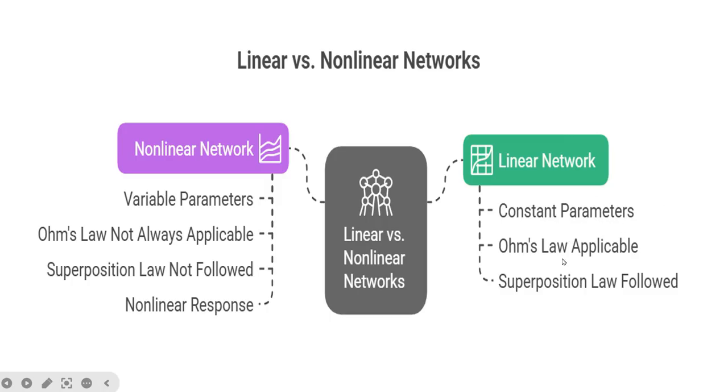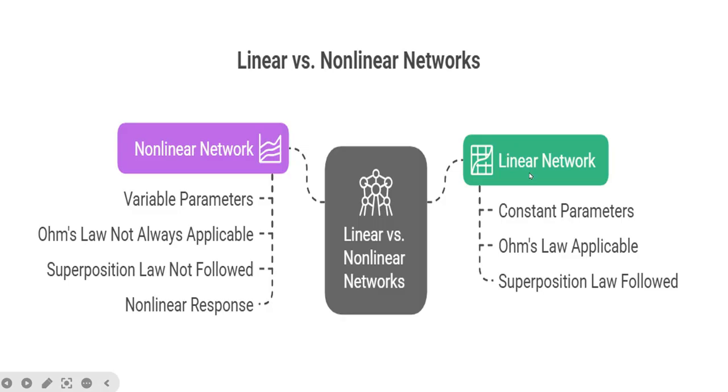Parameters like resistance, inductors and capacitances, these will be always constant. Okay, constant irrespective of change in time, voltage and temperature. So here in linear network, the parameters such as resistance, inductance and the capacitance, irrespective of change in the voltage, temperature and time, will be constant.